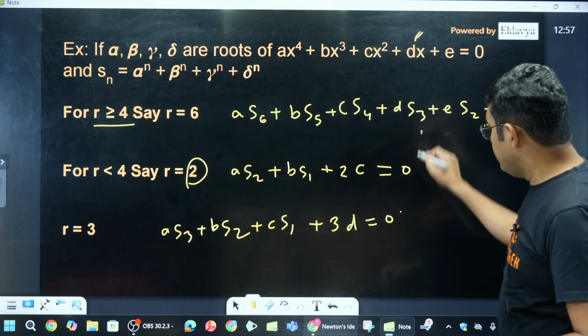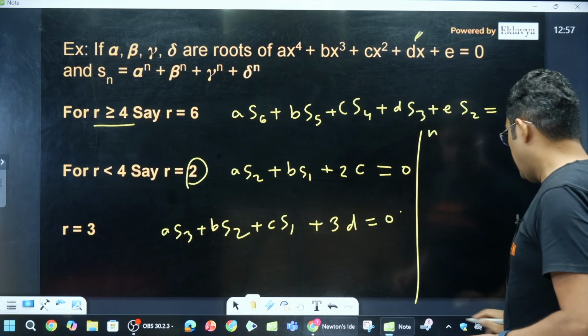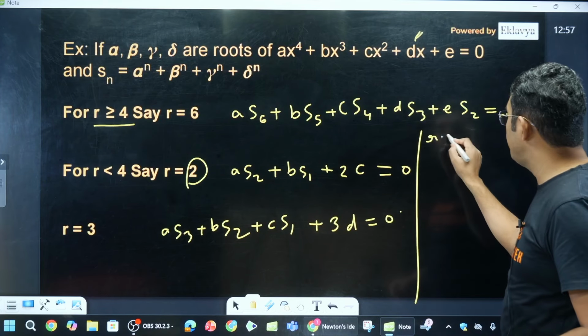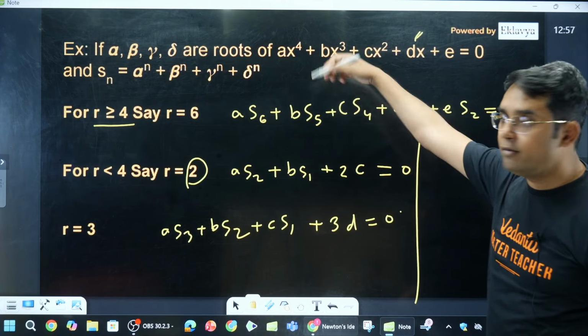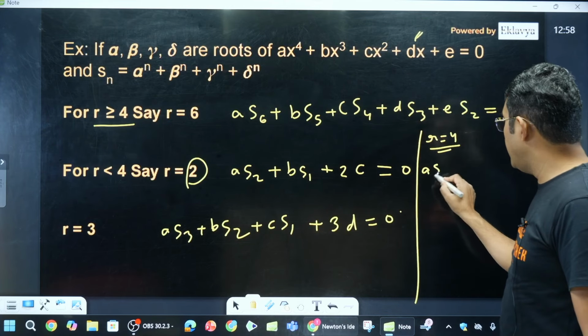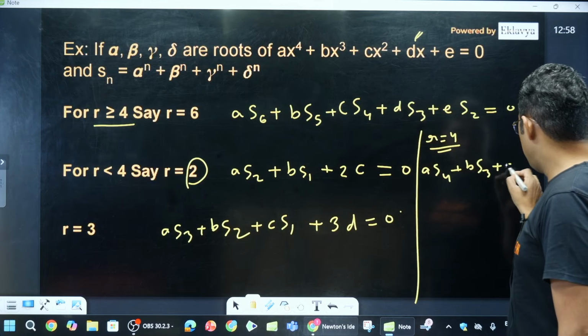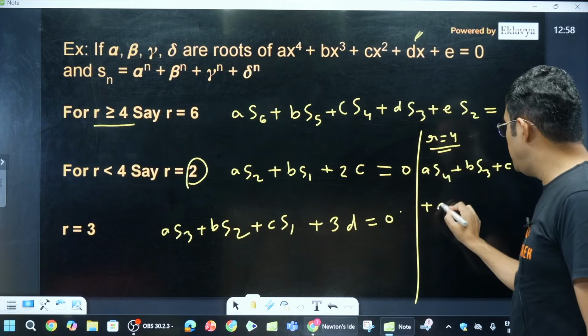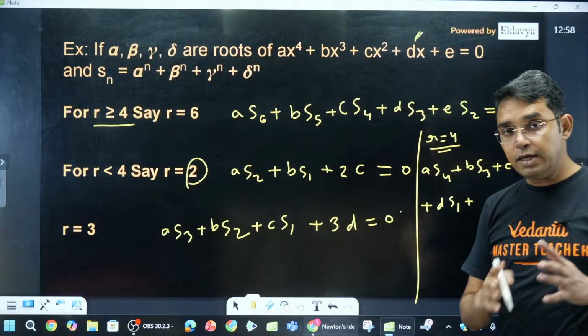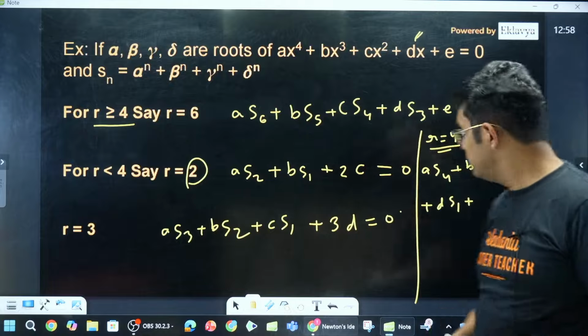Now one more thing I would like to mention here, and that is if R is equal to 4, equal to the value of n, what will happen? A S4 plus B S3 plus C S2 plus D S1. Now it's the turn to write S0.